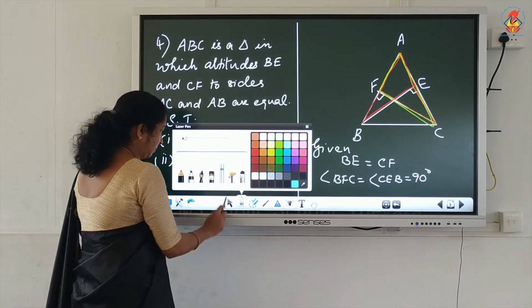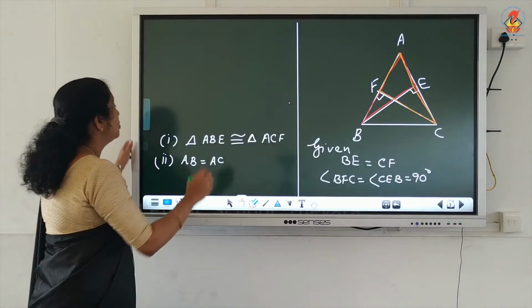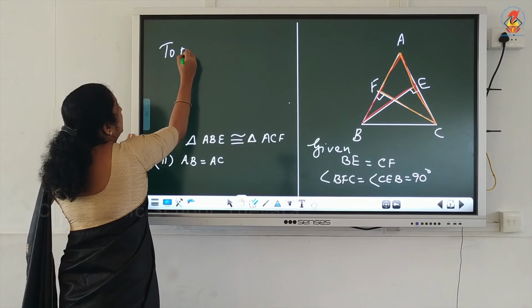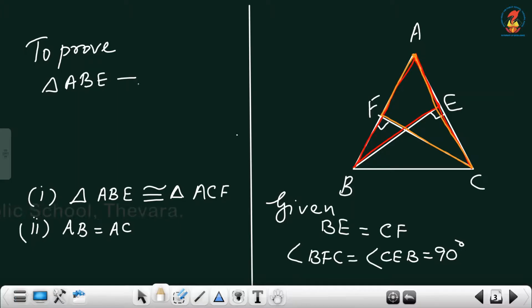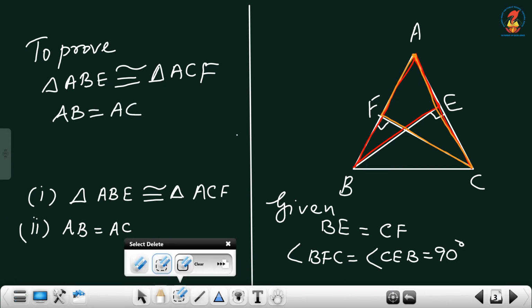So, shall we start? First, we have to write: to prove triangle ABE is congruent to triangle ACF. And second one is AB is equal to AC.